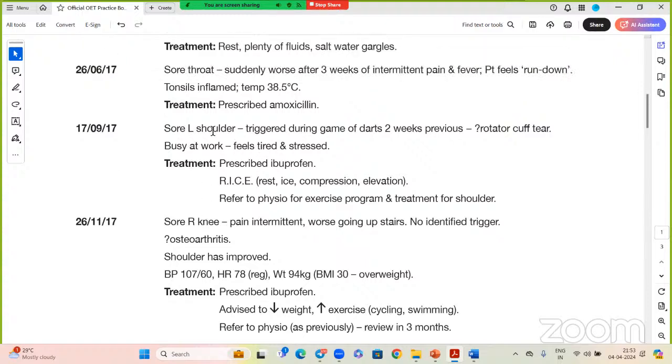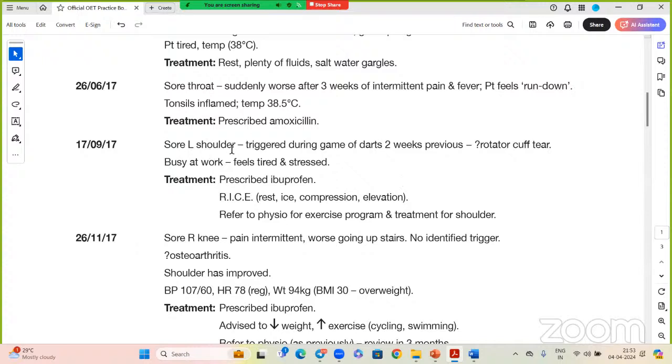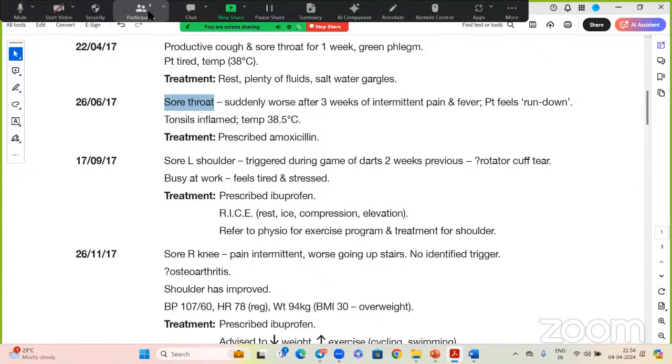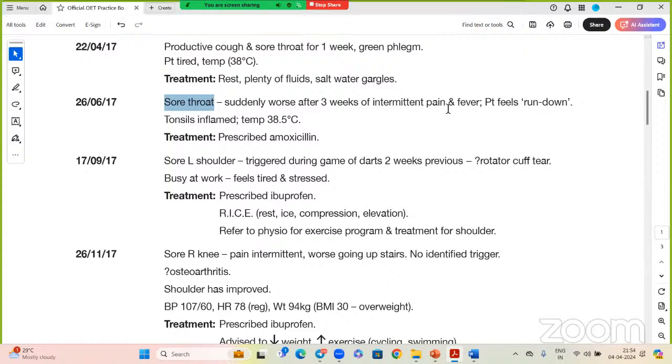Sore left shoulder, osteoarthritis, sore throat. Is sore throat an infection? Suddenly worse after 3 weeks of intermittent pain and fever. Patient feels run down, tonsils inflamed.